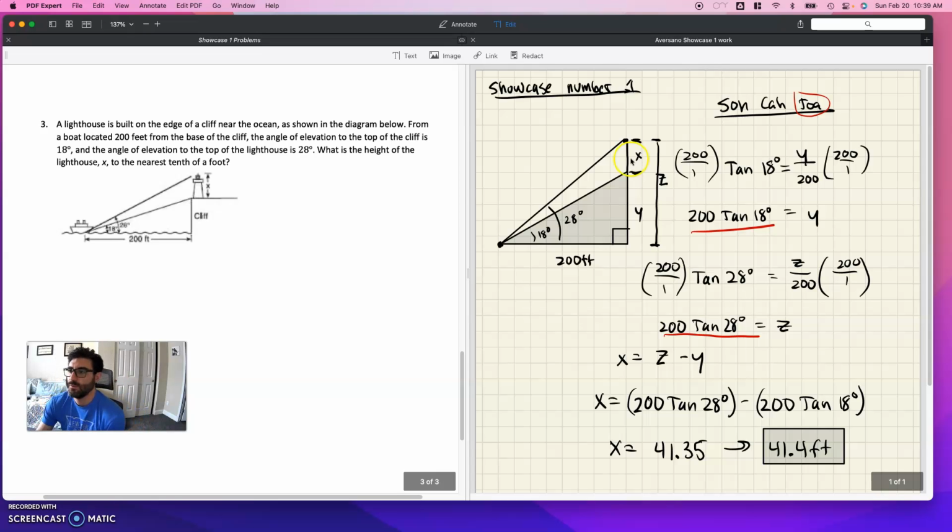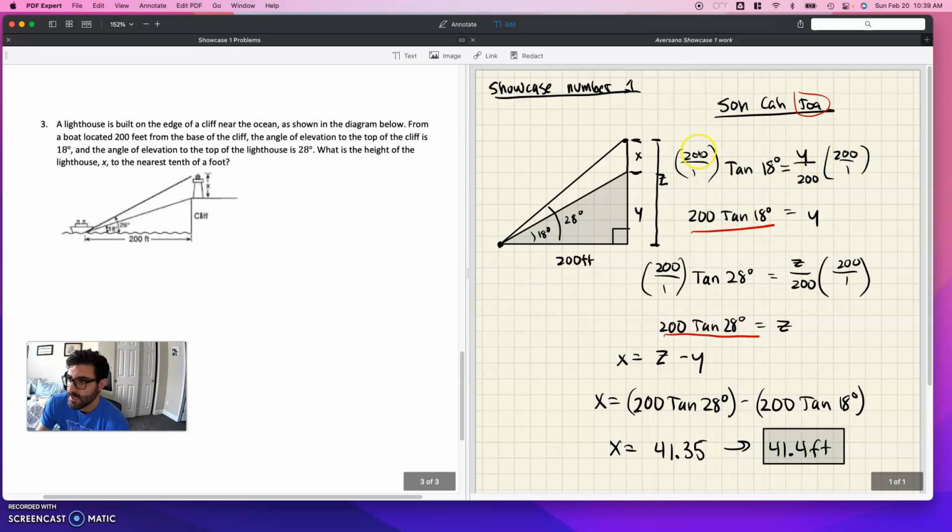The way I did it was first I found Y. The tangent of 18 degrees, the smaller angle, is equal to the opposite side divided by the adjacent side, the TOA part. So we'll have tangent of 18 degrees is equal to y over 200.